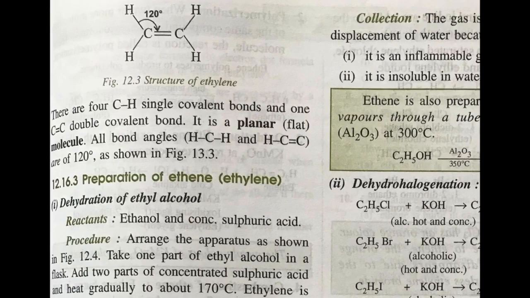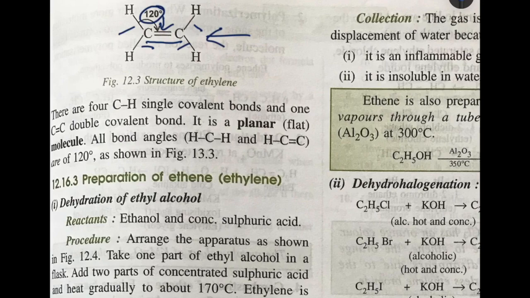There are 4 single covalent bonds between carbon and hydrogen, so 1, 2, 3 and 4, and there is 1 carbon-carbon double bond here. All bond angles are 120 degrees. You can see it in this figure.